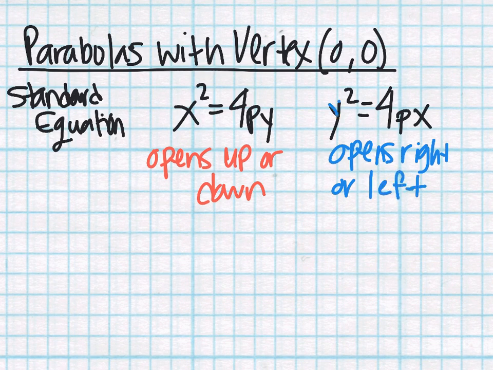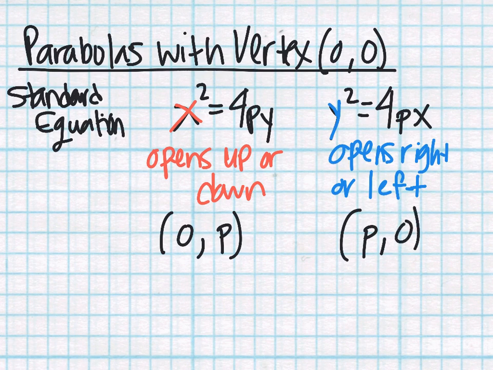So the y here in the front tells us that it's going to be opening left or right. The x here, x squared, tells us it's going to be opening up or down. So these are great because if I'm trying to find the focus, it's just (0, p) for my up and down version. The focus for my left and right is going to be (p, 0). And you can find that p here in your equation.